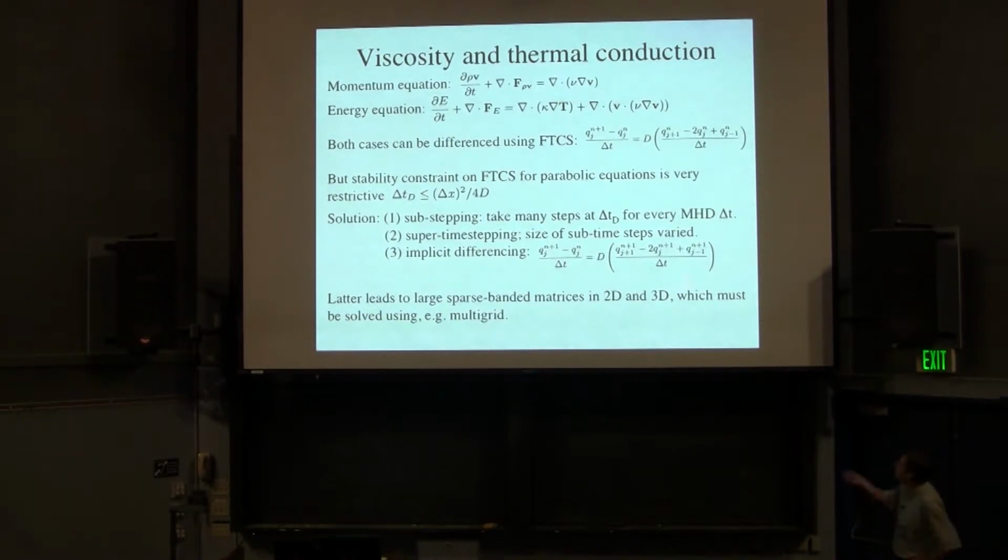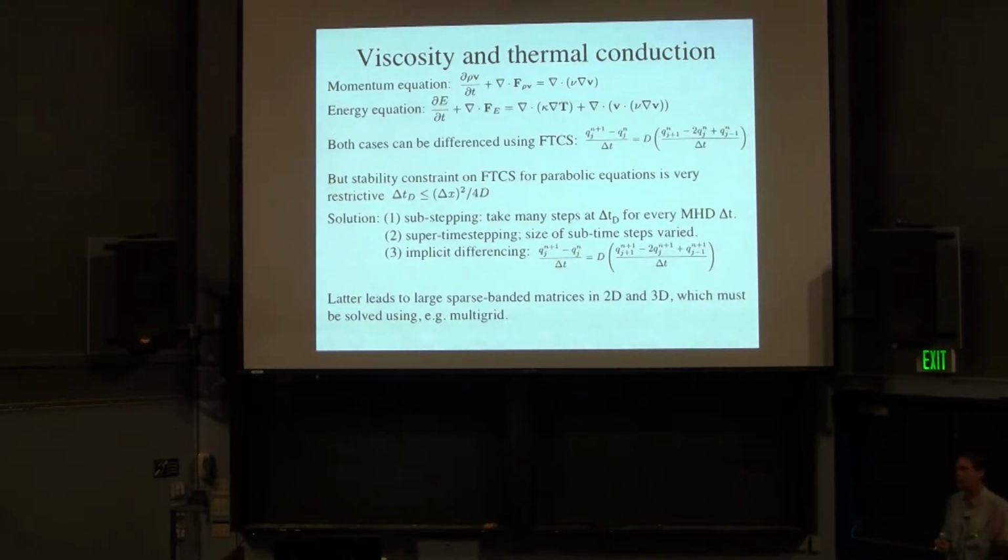In 1D, it's just a tridiagonal matrix. The only non-zero elements are along the diagonal. Tridiagonal matrices you can solve by Gaussian elimination in order n steps. That's really easy. But in 2D, it's going to be tridiagonal plus a band on each side, which is offset by the number of grid points in the x direction. And so you need some kind of matrix inversion method to solve that equation. Multi-grid, for example, is useful.